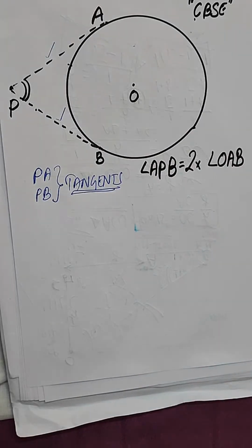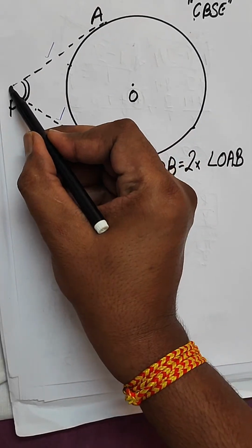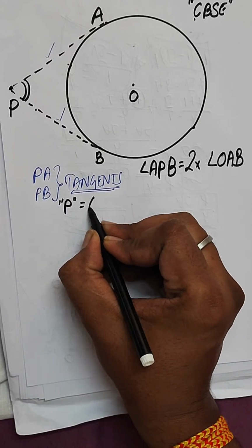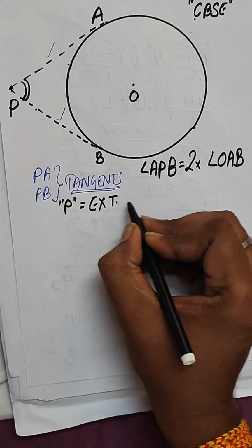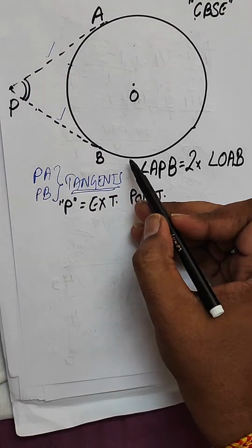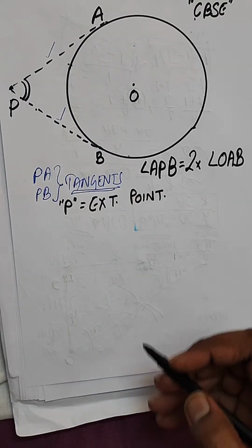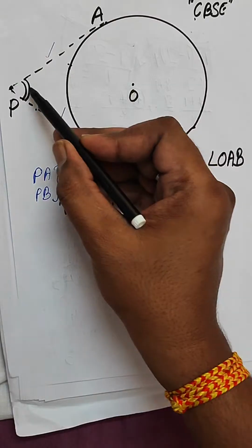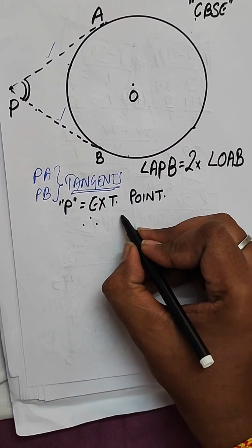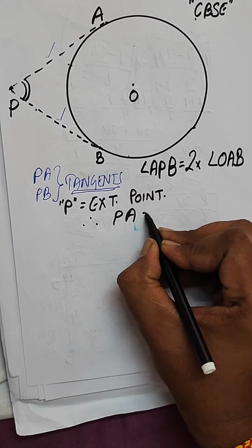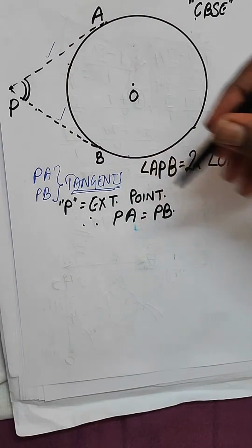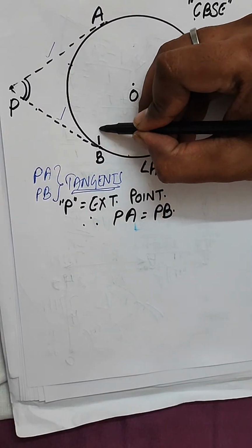P is the external point, and the tangents drawn from it are PA and PB. So through that theorem, PA is equal to PB. Let us connect A to B.